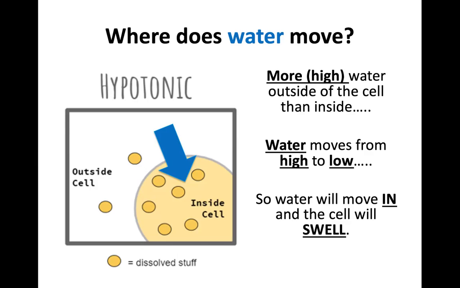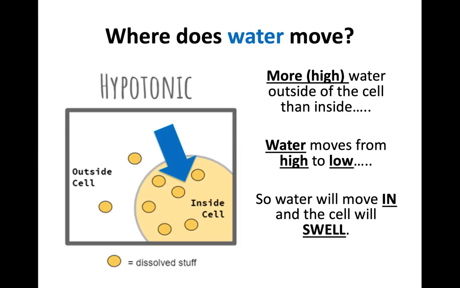So this is the solution in the beaker. So there are more molecules in this cell. So that means there's more water out here because there are fewer molecules, right? So the water wants to go where? Inside, right? Are y'all following me?